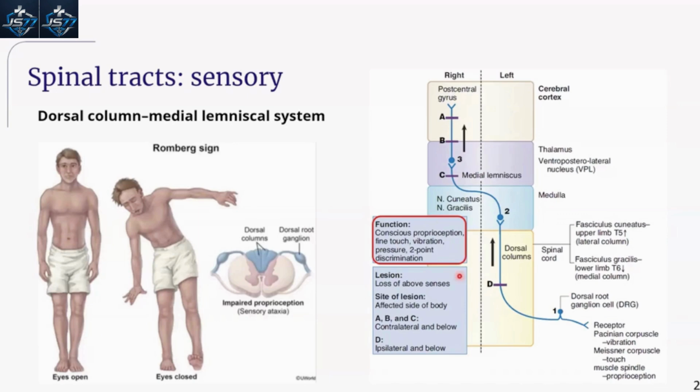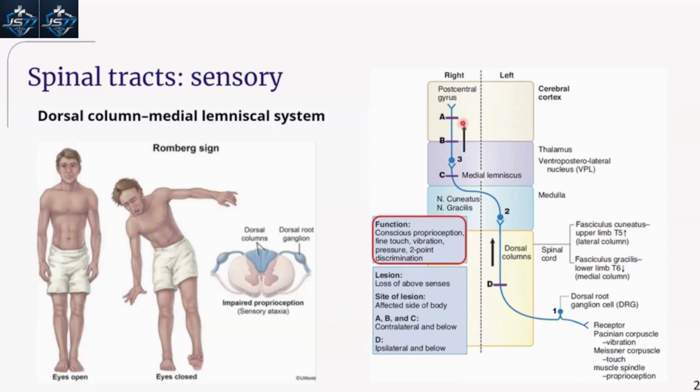And so different lesions over here, if there's a lesion in either A, B, or C, we're going to see contralateral deficits. Why? Because these lesions are before the decussation. So imagine this neuron coming from the left side of the body, up, decussates, and then to the right side of the brain.